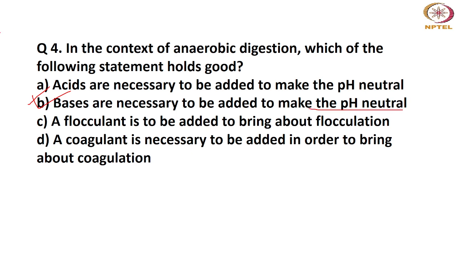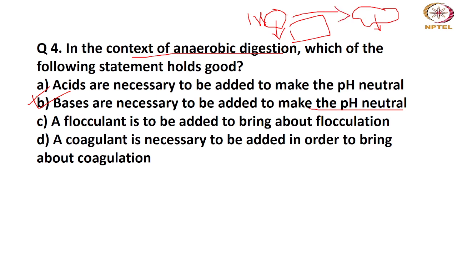Why? Because of the context of anaerobic digestion. In that process, first there are bacteria or microorganisms which produce acid, and then there is methanogenesis which produces methane. But the problem is that when the acid level is too high, it can destroy the methane producing bacteria.